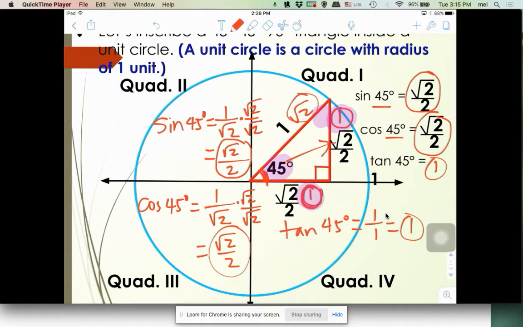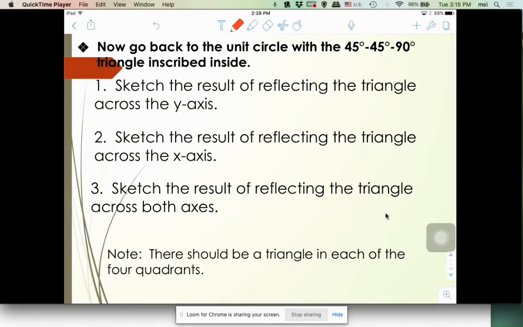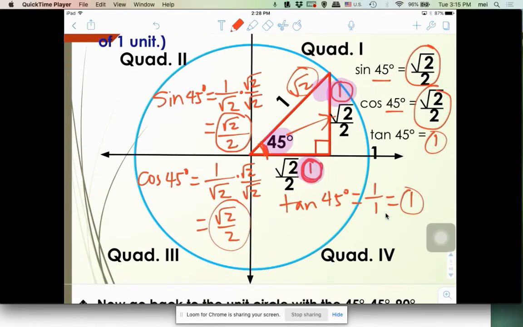We're going to take a look at what this triangle looks like in quadrant 2, quadrant 3, and quadrant 4. The direction says to sketch the result. We're again going to look at the 45, 45, 90. Step 1, sketch the result of reflecting the triangle across the y-axis. So let's take a look at what that looks like.